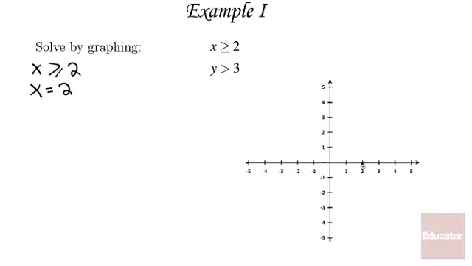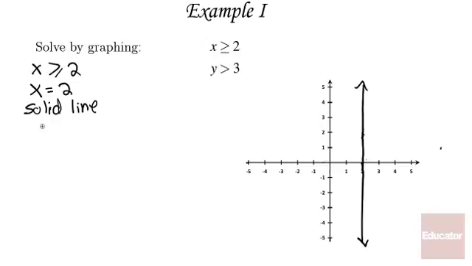And since this is greater than or equal to, I'm going to make this a solid line. Now, you could certainly use a test point, or you could just look at this and say, well, it's saying that x is greater than or equal to 2, which means that it's going to be values to the right.